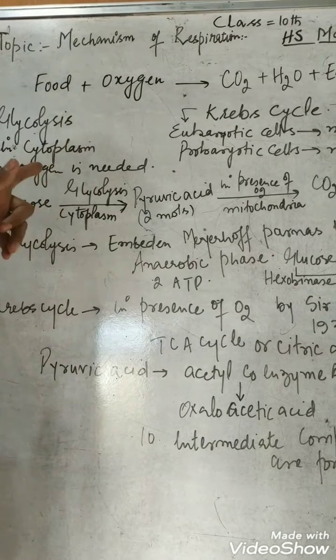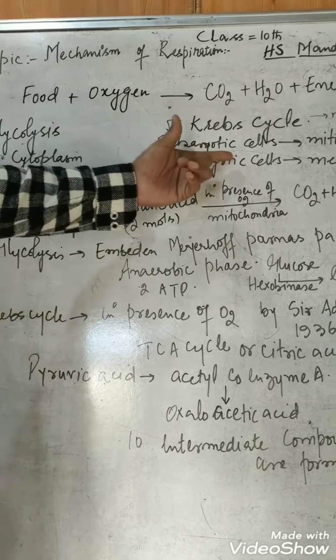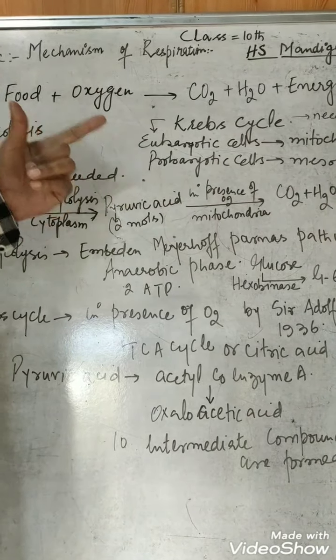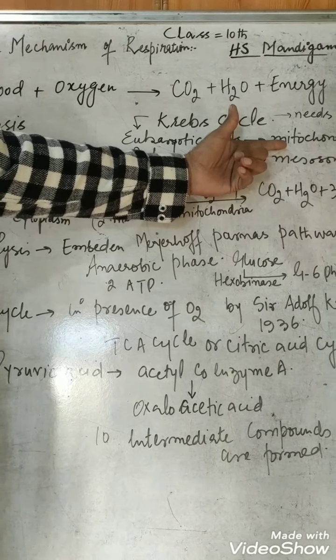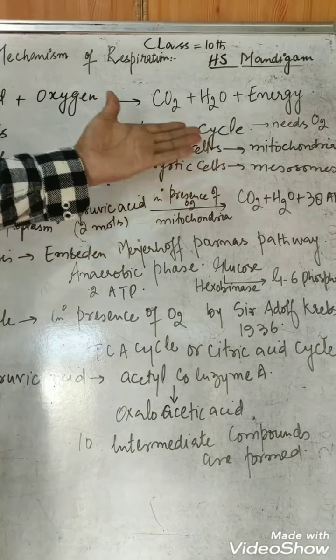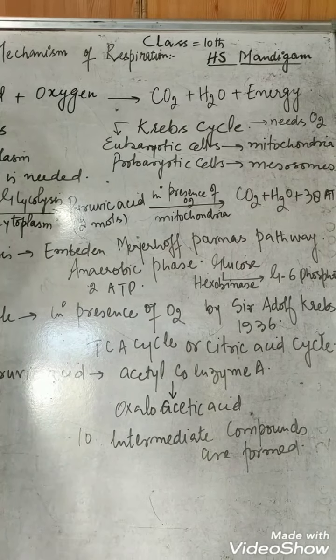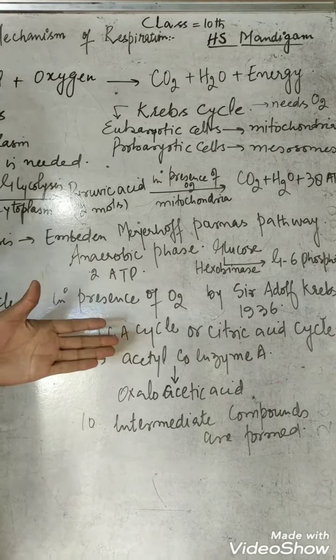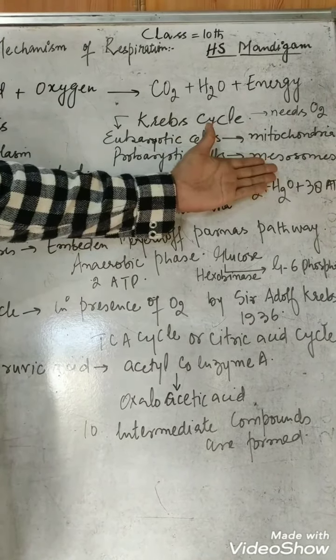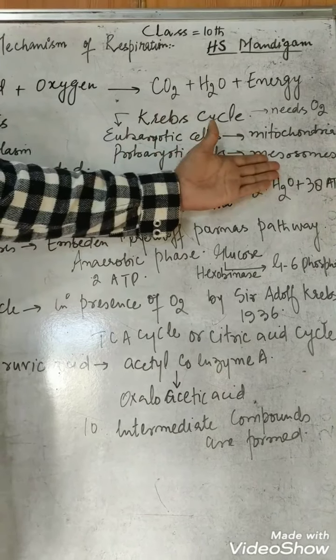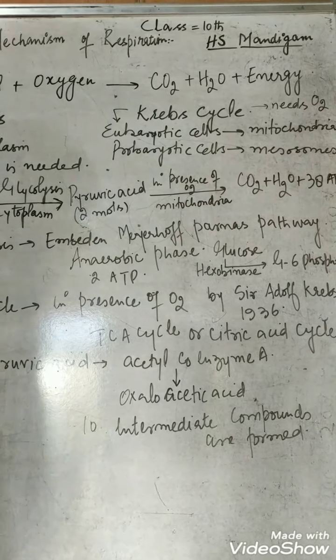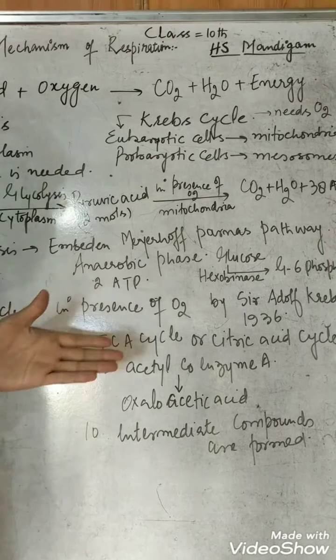But you should remember that in eukaryotic cells, only those cells which have mitochondria will have aerobic respiration, or the aerobic phase, which is also called the Krebs cycle. And in prokaryotes, those cells with mesosomes have the aerobic phase of respiration, or Krebs cycle.